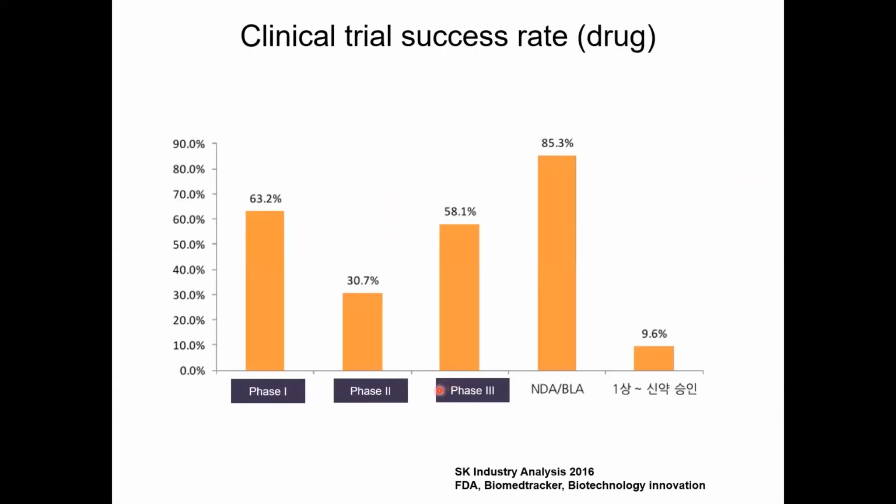This slide shows the success rate of drug trials in each clinical trial phase. The success rate in phase 2 is the lowest. In the neurorehabilitation field, we can find many phase 2 trials with positive results, but the number of phase 3 clinical trials is small.